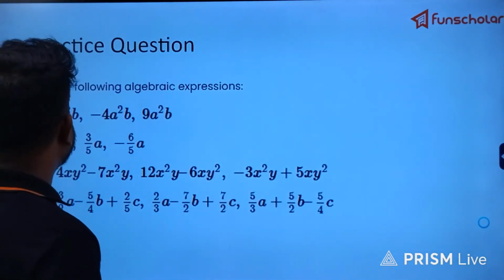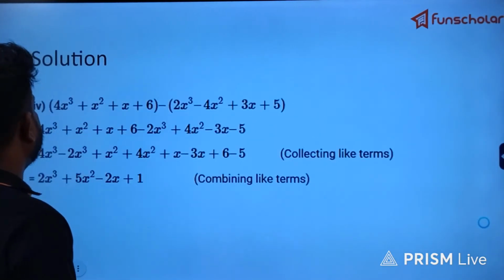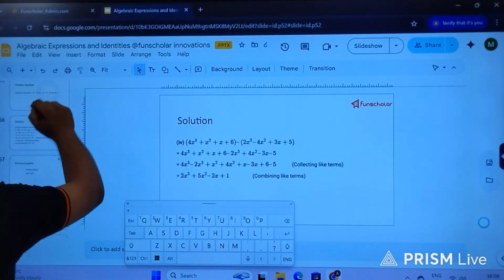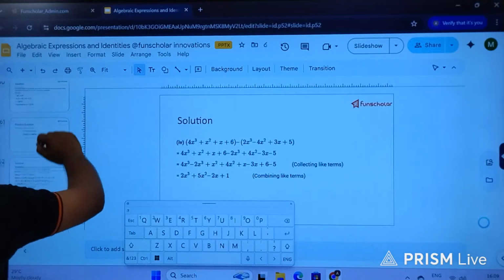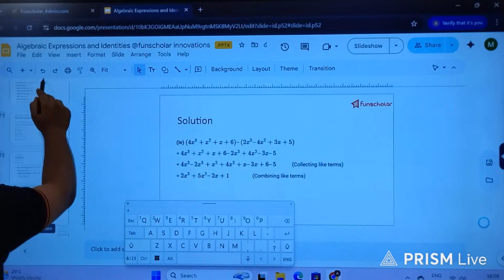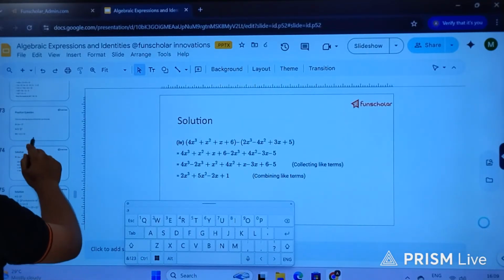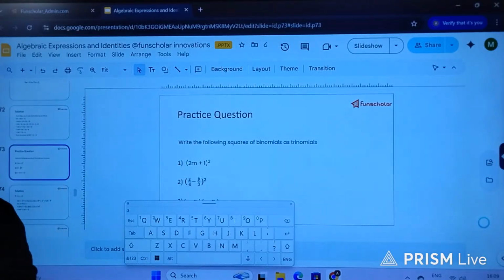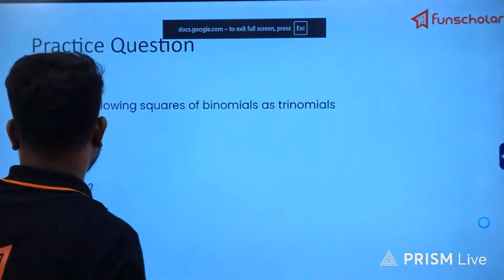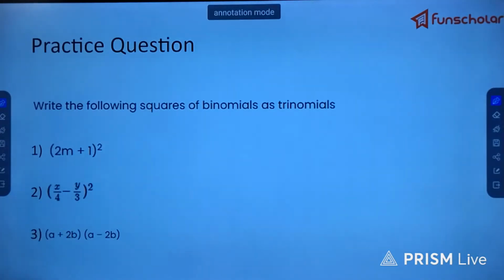The next is the practice questions. Yes, we have already done the additions and we have already practiced the subtractions as well. Now let's do some problems regarding the identities, like the first one, 2m plus 1 and its square.